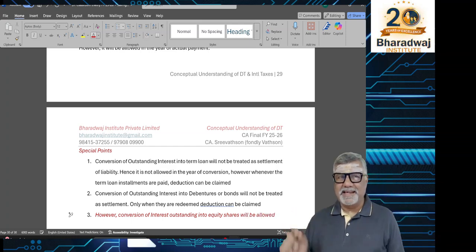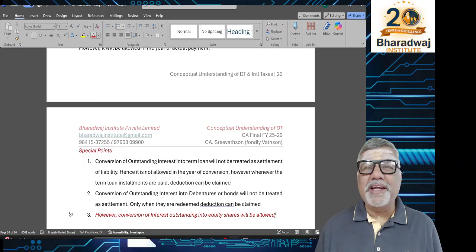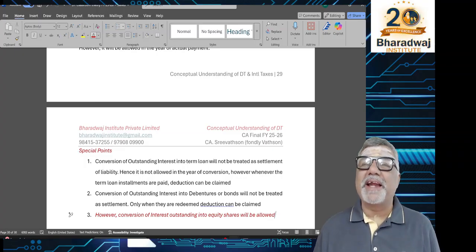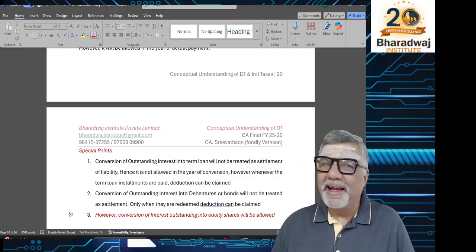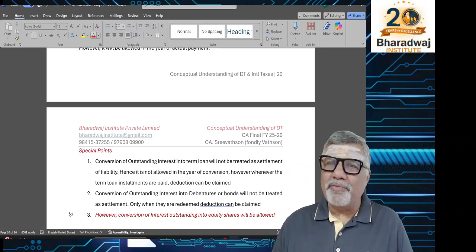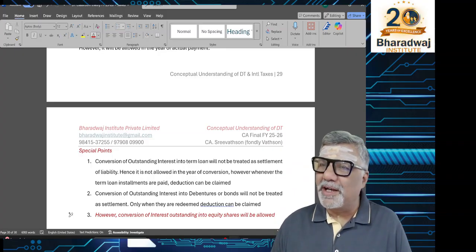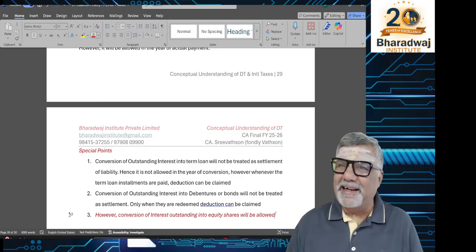This is the recent case law, which says if I convert it into equity shares, I can claim the deduction. Because equity shares will never be settled. It is not like debentures which can be redeemed, or a term loan which will be paid in monthly installments. Equity shares will never be settled.